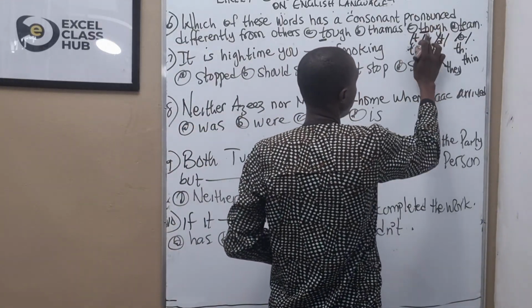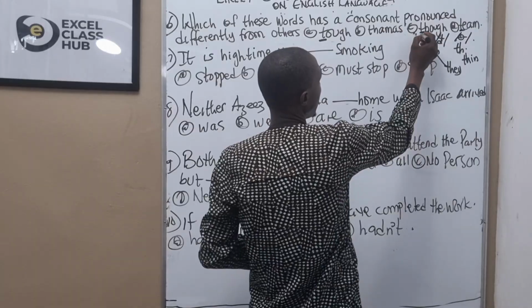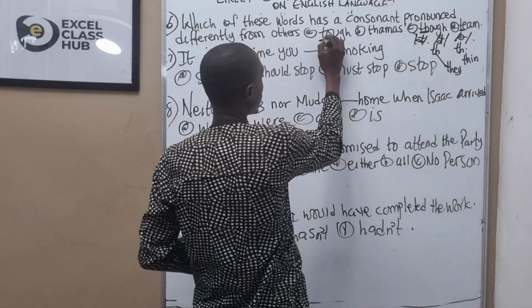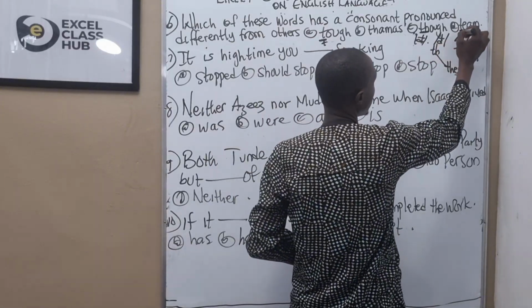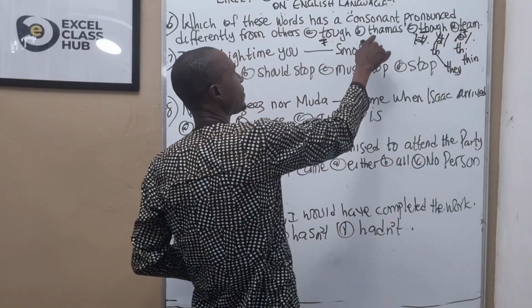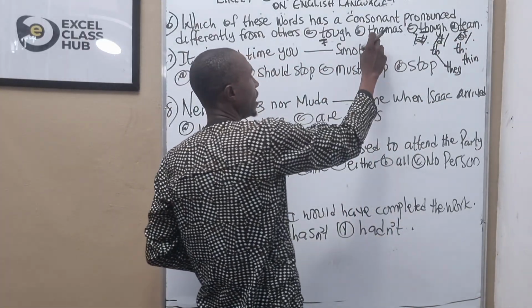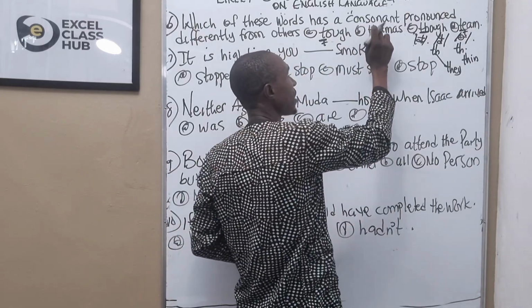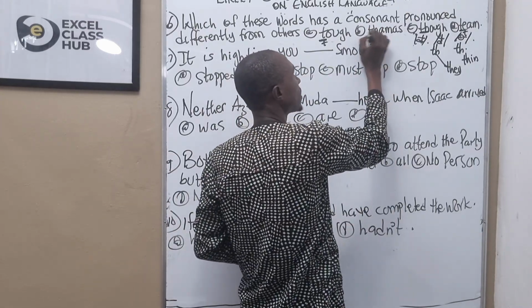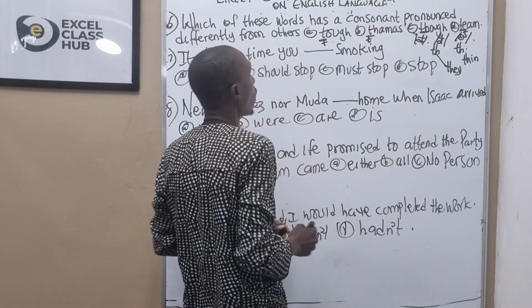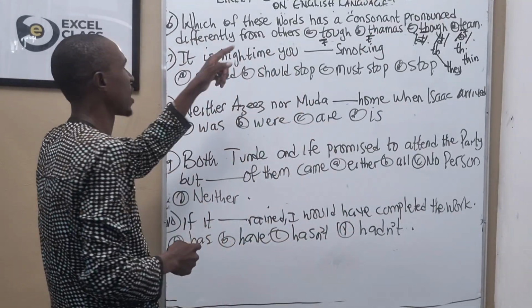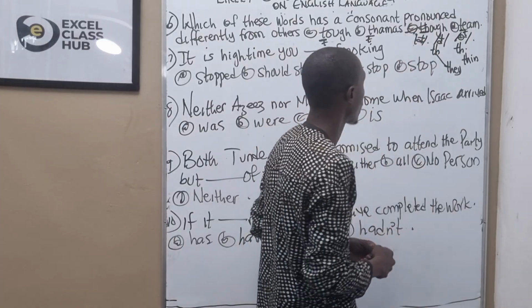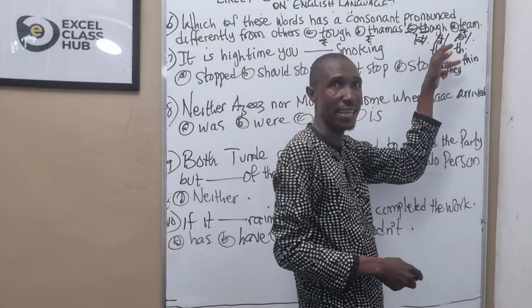This do here is a thick D. This is ordinary T. This is ordinary T. The same thing goes with your Thomas. In Thomas, the H is silent, and this is an ordinary T. So, the consonant pronounced differently from others is do, because it goes with consonant D.